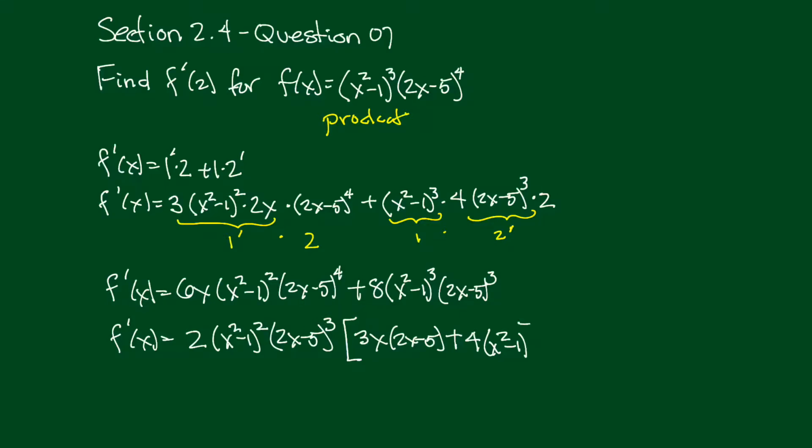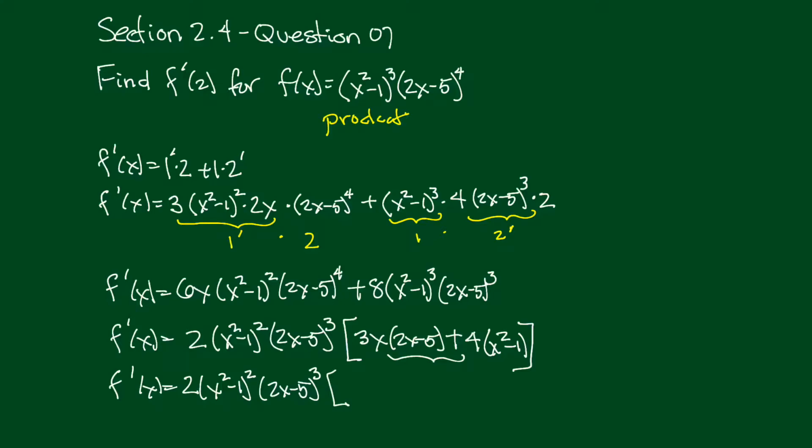So that's what we have left. Let's see if we can fix this up. So this is going to give us f prime of x equals 2 times the quantity x squared minus 1 squared times the quantity 2x minus 5 cubed times, okay, I'm just going to do this all at once here.